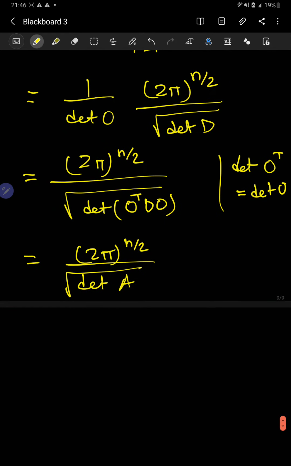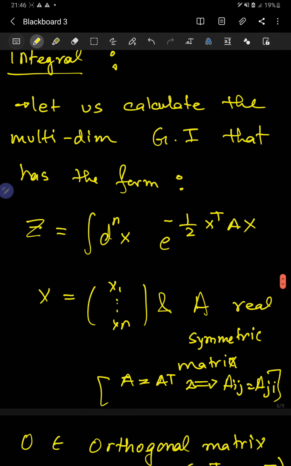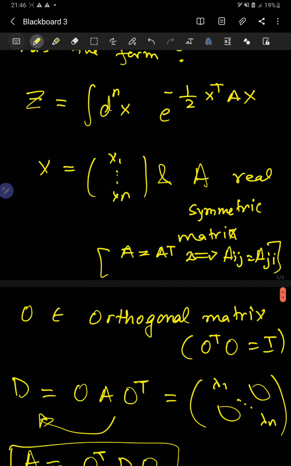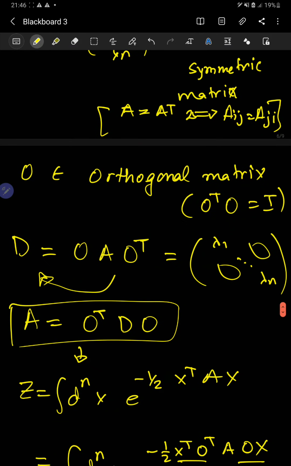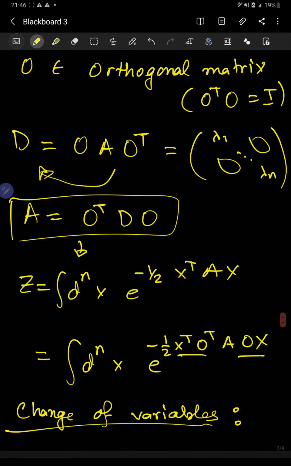So now, how did we do this? Let's very briefly summarize things. First, we had a matrix Gaussian integral, which involved a real symmetric matrix, a column vector. We diagonalized it, because now we know if you are dealing with eigenvalues, you have n Gaussian integrals, and we can evaluate each of them and get a definite result.